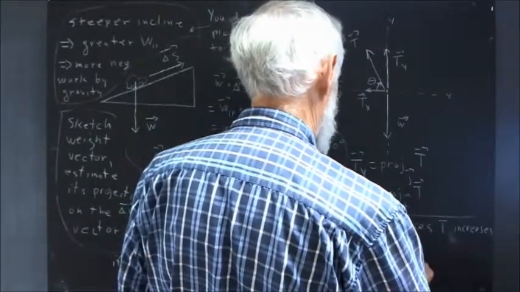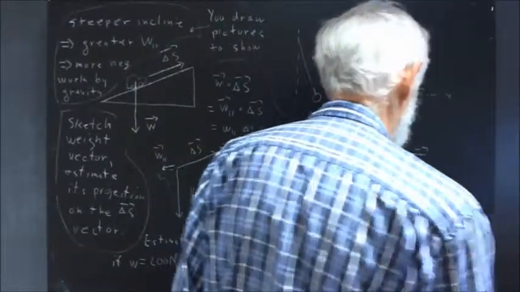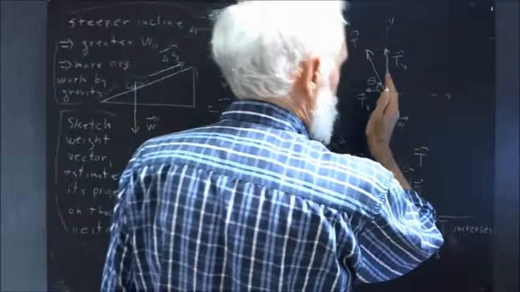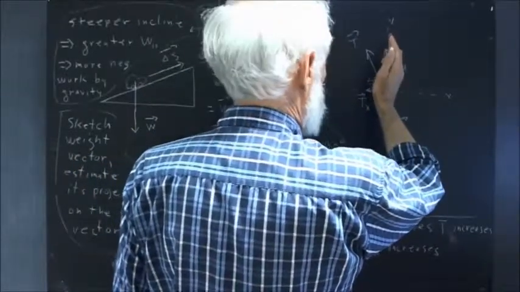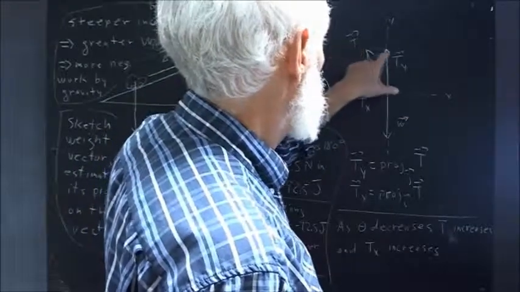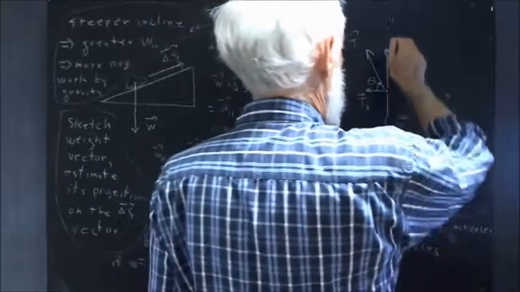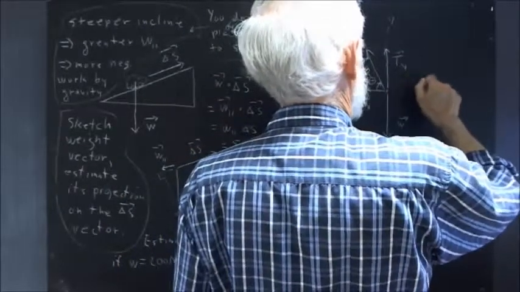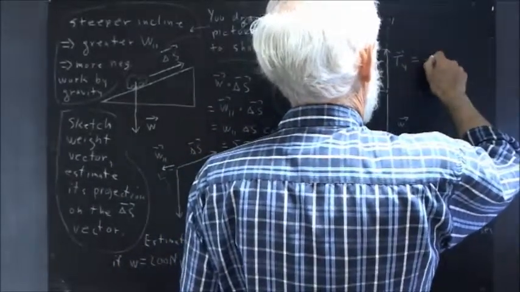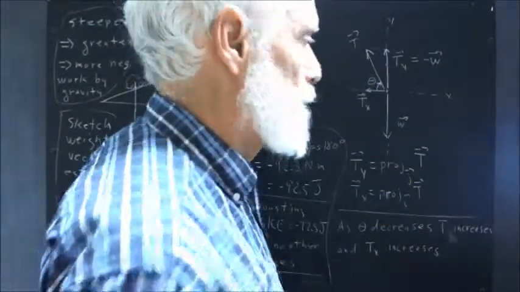And Tx increases. I'm not going to write it down, but I'll comment that if the T vector starts vertical and you start slowly rotating the T vector, the T vector is not going to get much longer. Remember, the T vector has to always match the Ty vector. The Ty vector always has to be the negative of the W vector.